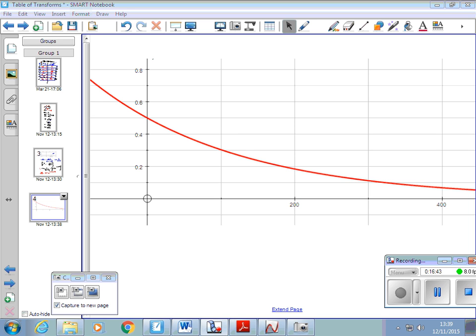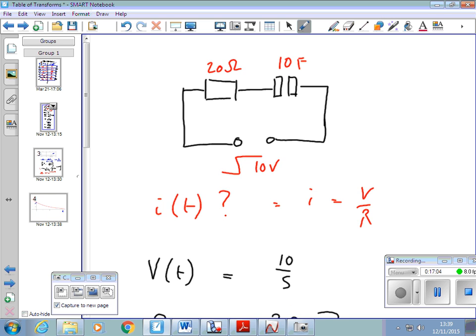I can put values on it now. It's predicting that the initial current will be 0.5 amps. And that it will take around about, well, greater than 400 seconds for the current to drop to a steady state, which is 0.